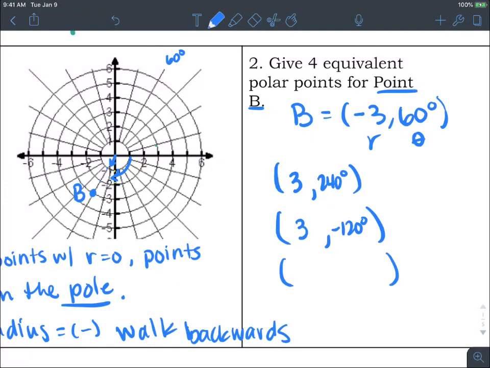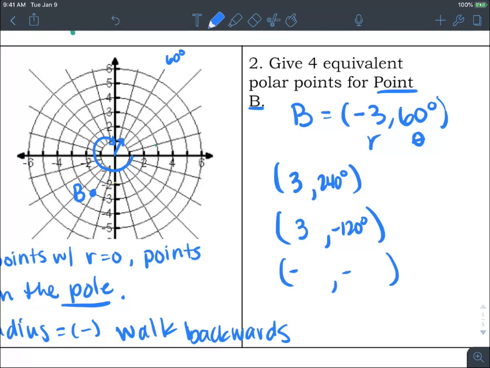What if I still want my angle to be negative, but I want my radius to be negative? Then I'm facing away from the way I'm walking, and I'm going to make my angle go all the way around to here.